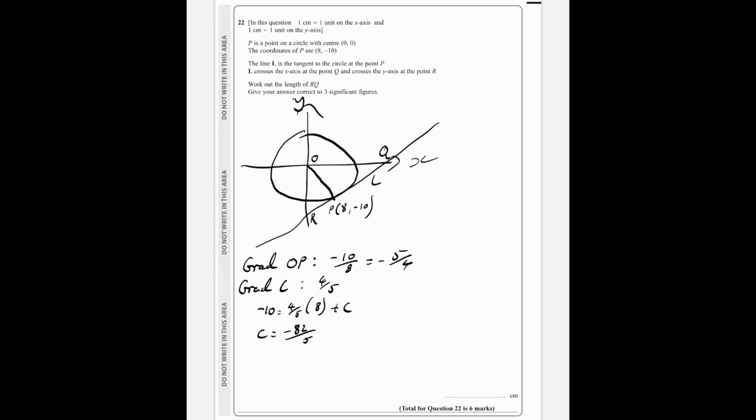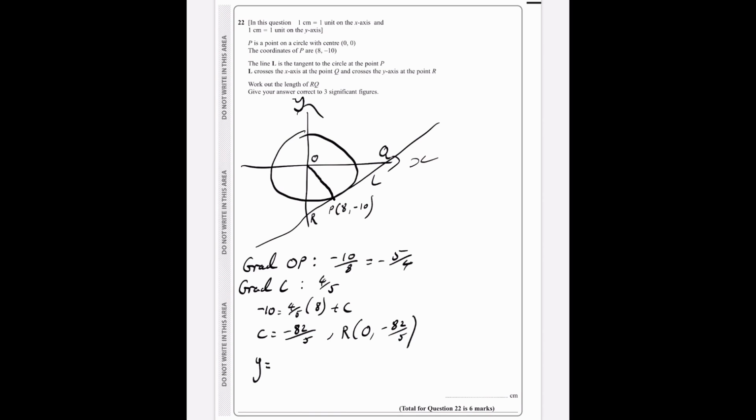Or if you used y minus y1 equals m(x minus x1), that's absolutely fine as well. Anyway, c comes out as negative 82 over 5, and because c is the y-intercept, we can deduce that R must be the coordinate (0, negative 82 over 5) straight away.